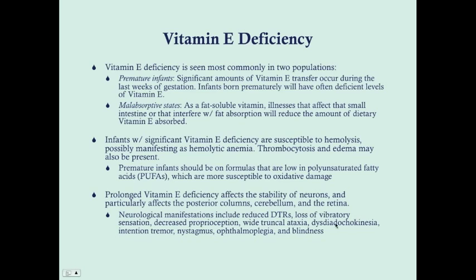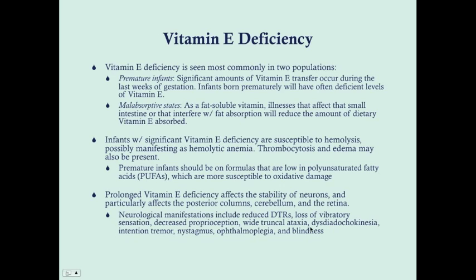Also, loss of vibratory sensation, that kind of goes in with the posterior column defects, decreased proprioception, and then a wide truncal ataxia. Generally, what that looks like is the child is walking, has a wide-based gait, and they're usually looking down at their feet, and that's because they have both the decreased proprioception and cerebellar deficits.